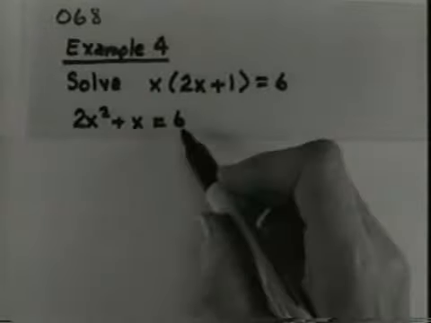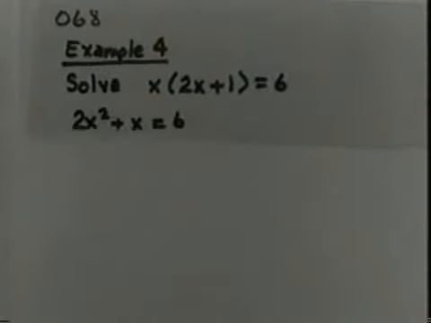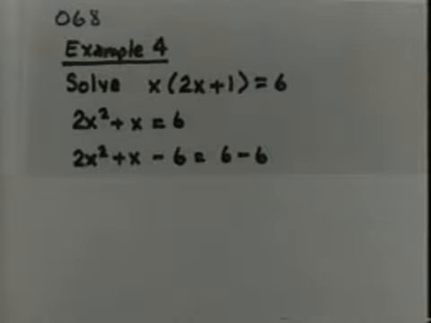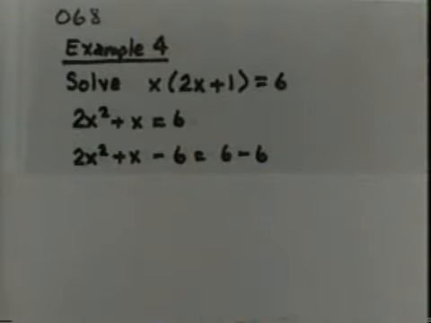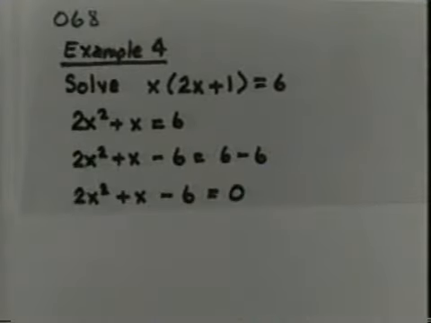Then we're ready to eliminate the 6 by subtracting 6 from both sides. 2x squared plus x subtract 6 equals 6 subtract 6, so that the right-hand side is 0. So our equation in standard form is 2x squared plus x subtract 6 equals 0. Notice that we had a good deal of work on this one to get standard form before we could proceed with factoring.